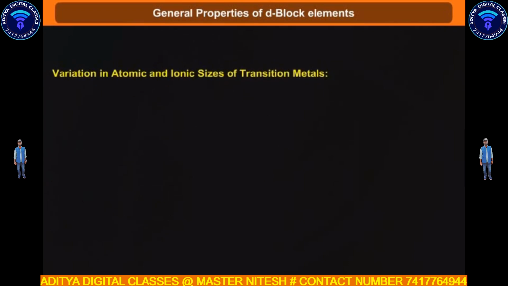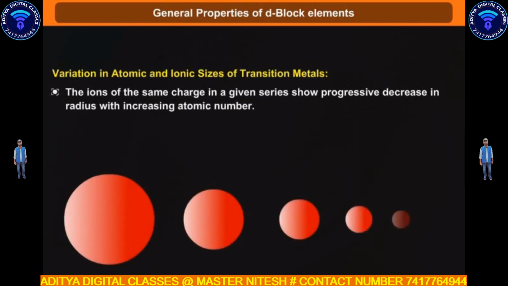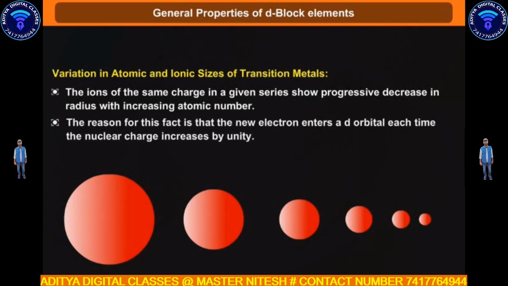Variation in atomic and ionic sizes of transition metals. The ions of the same charge in a given series show a progressive decrease in radius with increasing atomic number. The reason for this is that the new electron enters a d orbital each time the nuclear charge increases by unity.